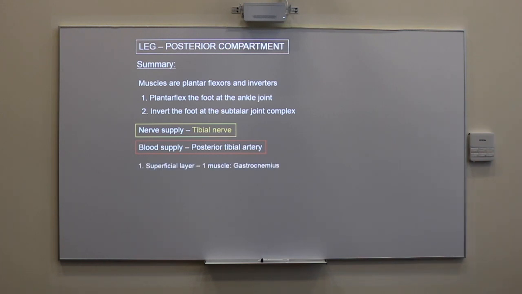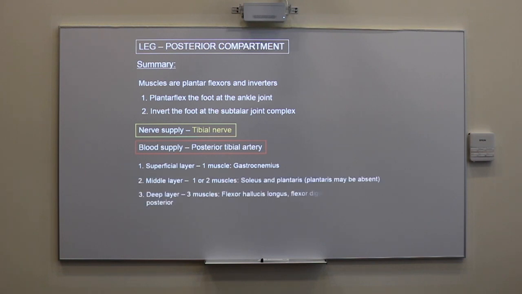And if we look at the superficial layer, we have already talked about the three muscles in the superficial layer. And then in the deep layer, you have flexor hallucis longus, flexor digitorum longus, and tibialis posterior.